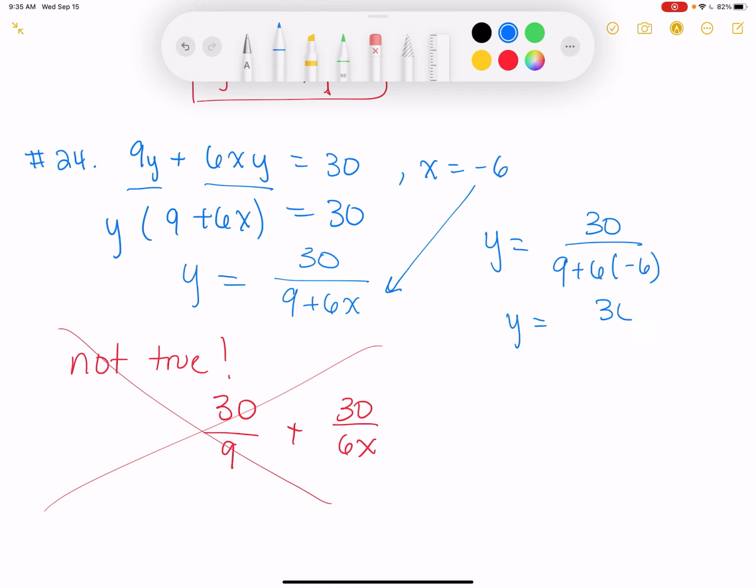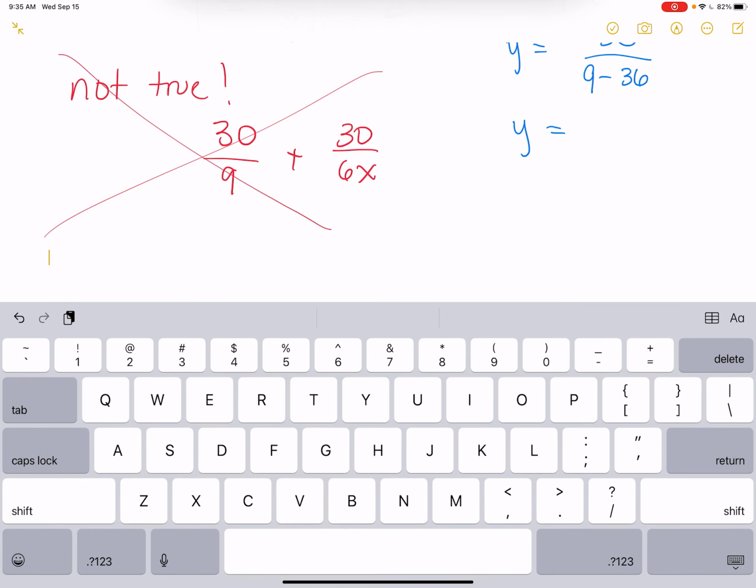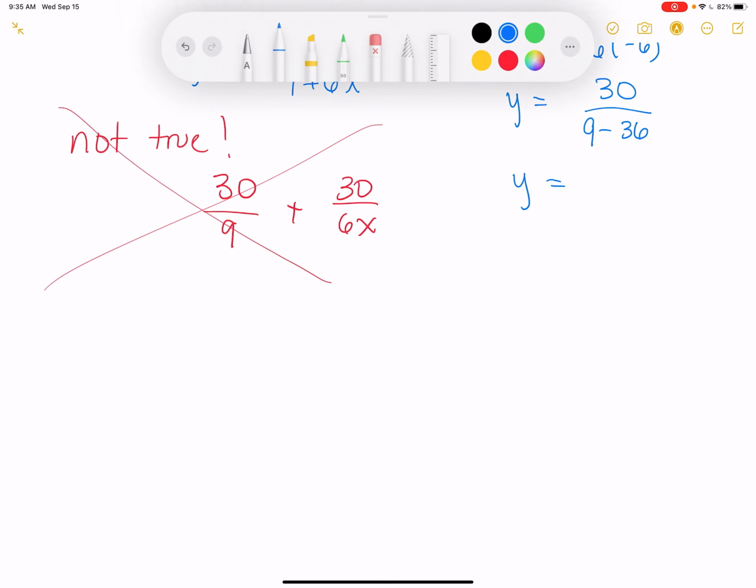So y equals 30 over 9 minus 36, so it's 30 over negative 27, which reduces to what? Negative 10 over 9. Take a 3 out of top and bottom.